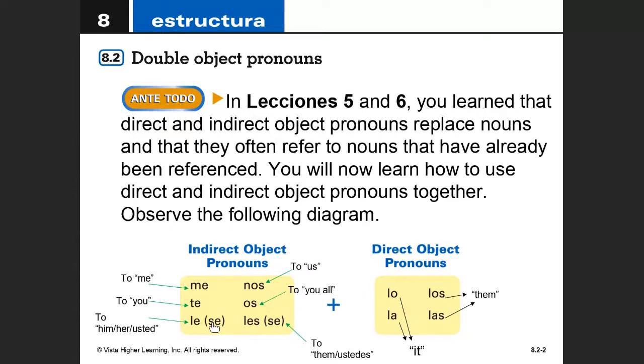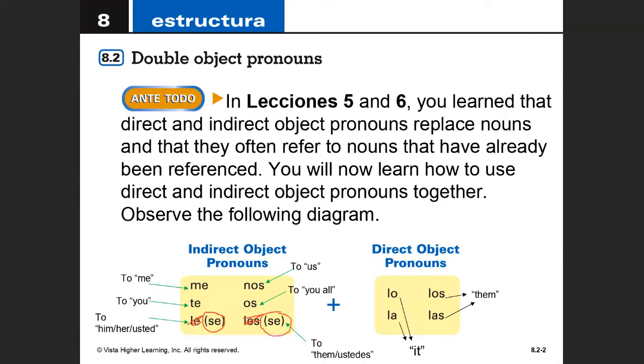So it is a process, we go step by step, but whenever we're tempted to do that combination, we have to remember that the combination of le lo or le la will not really exist, or it will sound a little bit odd or out of place. So we're going to forget about these and then use se, all right?